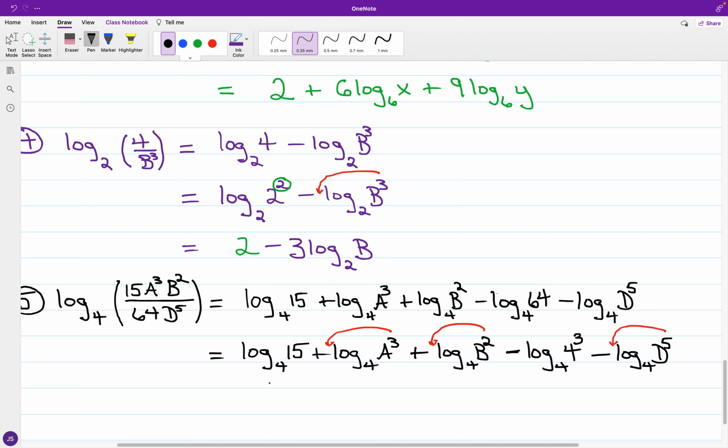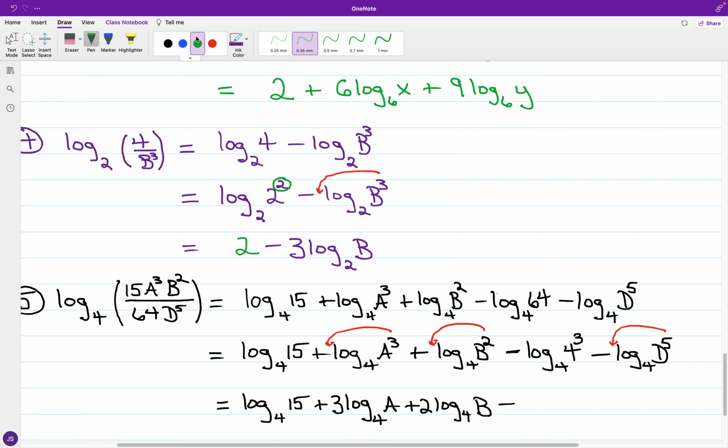So for the resulting terms, we have the base 4 logarithm of 15, plus 3 times the base 4 logarithm of a, plus 2 times the base 4 logarithm of b.